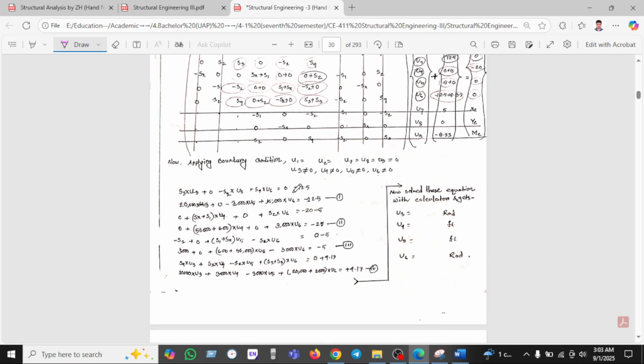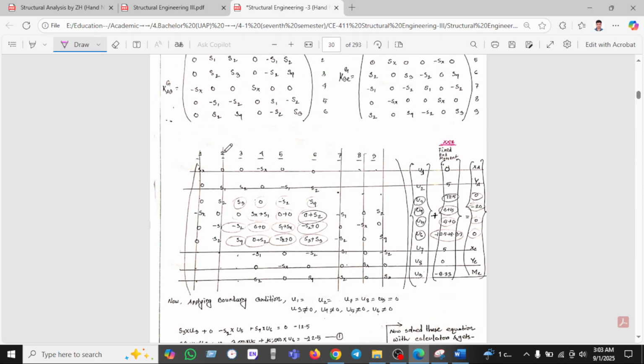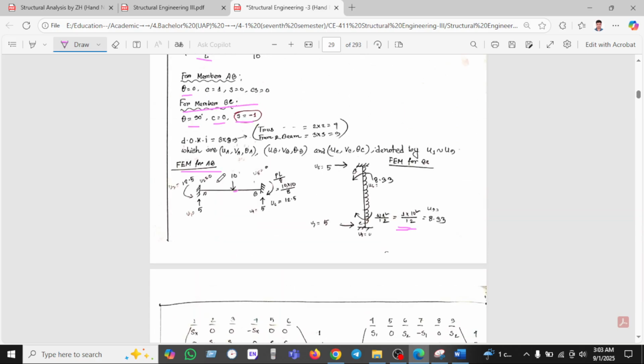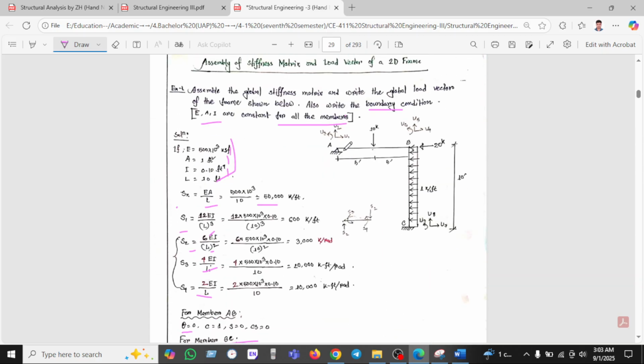After finding here, we can cross out, as there is no rotation allowed, as we have shown here: 1, 2, 3. 1 is axial, 2 is vertical, and 3 is rotation. The same thing is going to happen in this joint: 4, 5, 6. 4 is axial, 5 is vertical, and 6 is rotation.